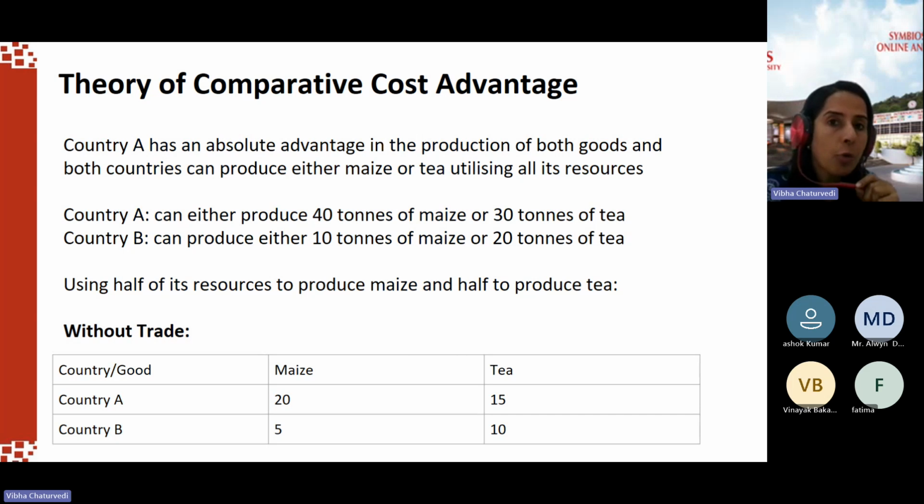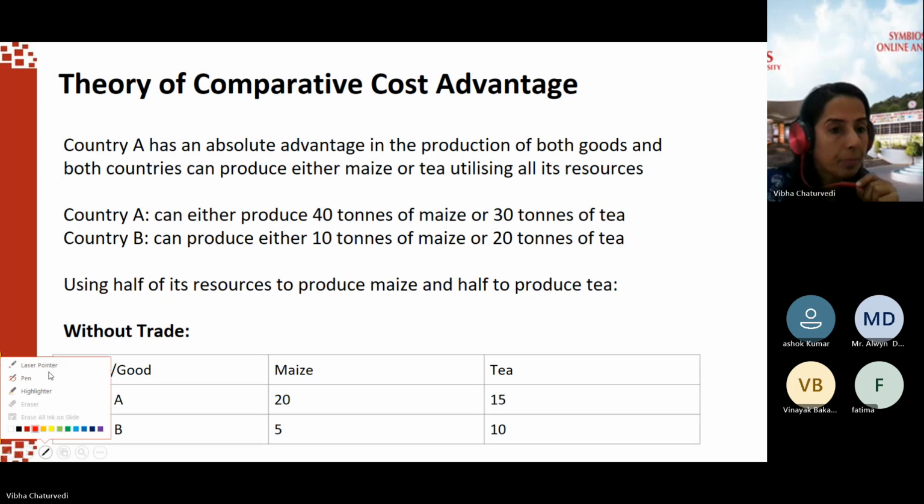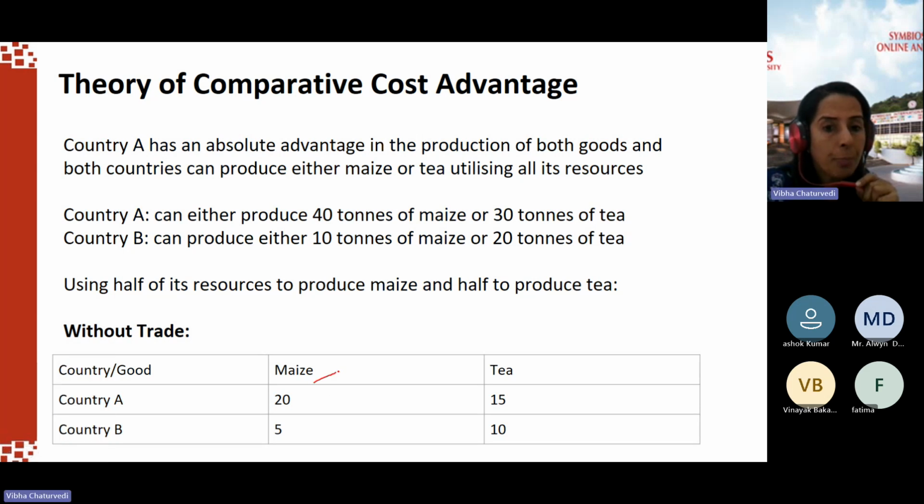If it utilizes 400 units of labor for the production of maize, it will end up producing 20 units of maize, which means 400 divided by 20 will be 20 units of labor used for the production of per ton of maize. So 20 tons of maize means that to produce each ton of maize, it requires 20 labors.